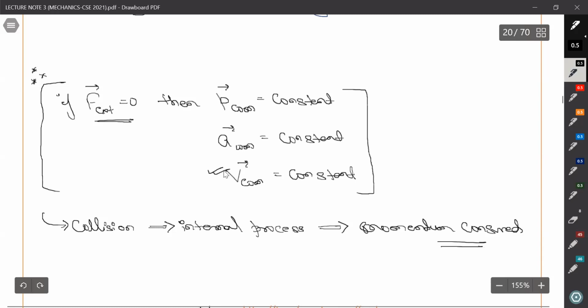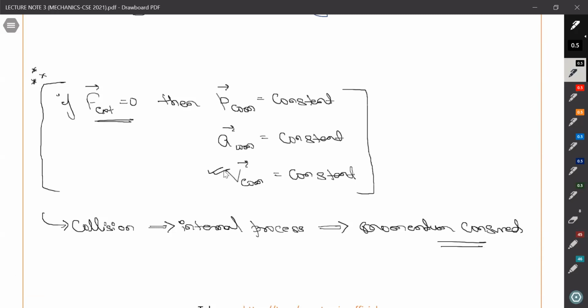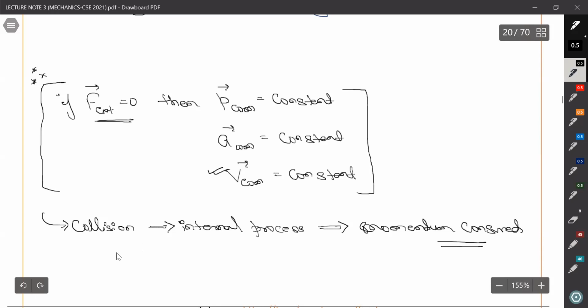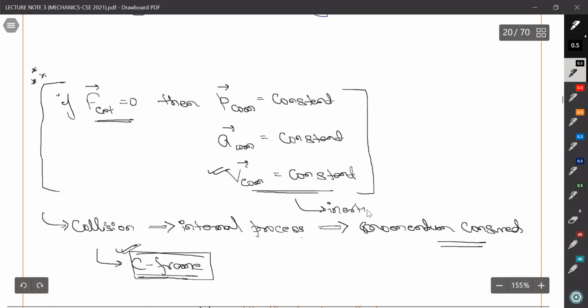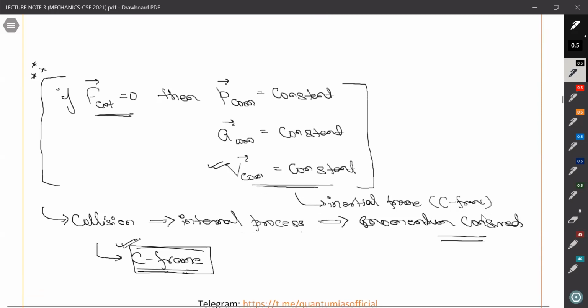So we can treat it as inertial frame. So it is better to see collision in center of mass perspective, C frame. Right. So it's better to see the collision in C frame, because in collision it's an internal process, momentum will remain constant, so it will behave as what? Inertial frame, if we talk about the C frame. Okay, so this is about the conservation of momentum.